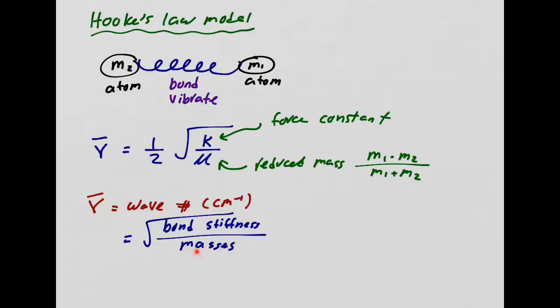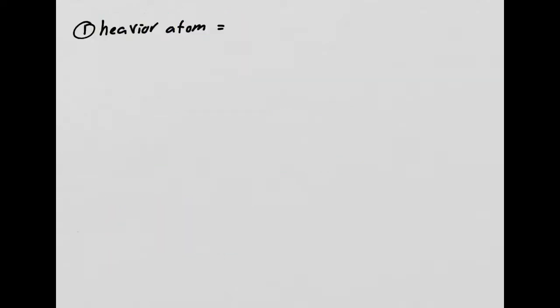The mass is going to go up. If the mass goes up, what happened to my wave number? Again, wave number is the frequency of molecule vibrating. The rate it goes back and forth. So if the mass goes up, what happened to the wave number? The wave number is going to go down, right? The mass goes up, the wave number is going to go down. Okay, so the heavier atoms are going to have a lower wave number. So far, so good. Okay.